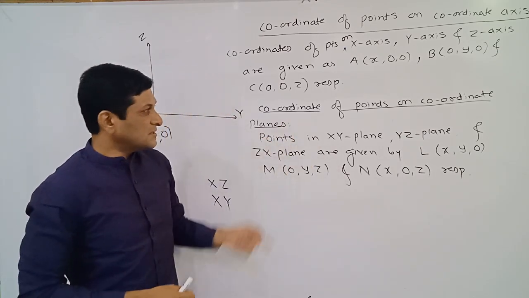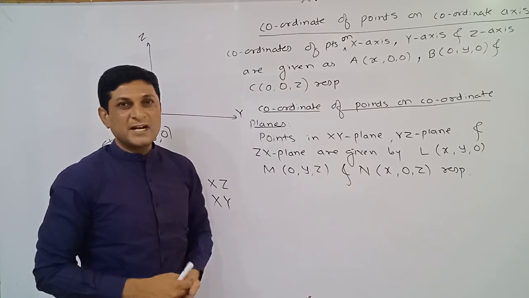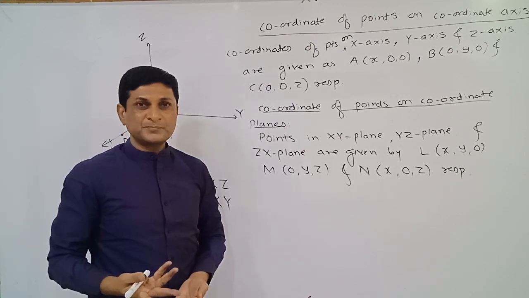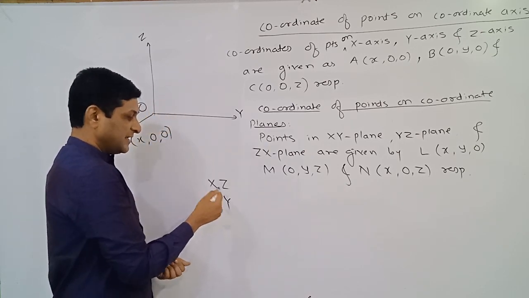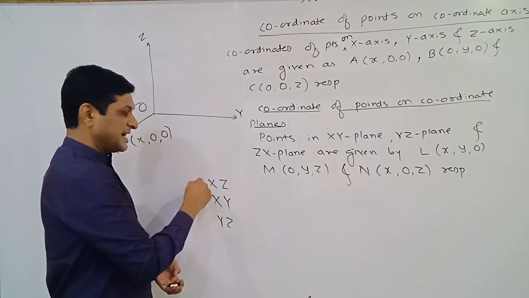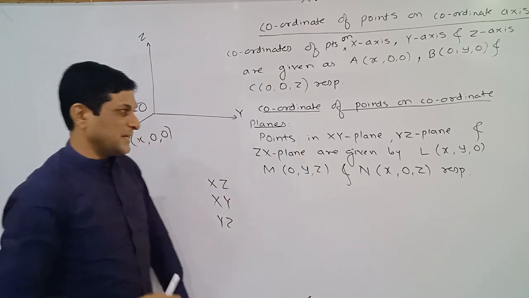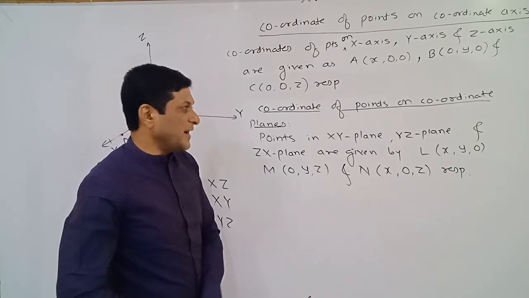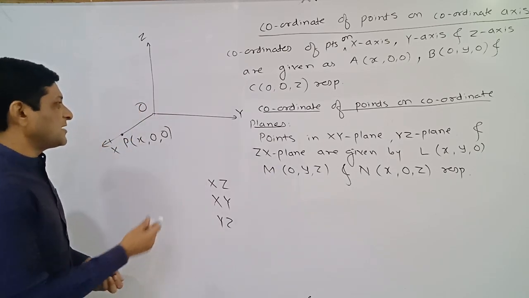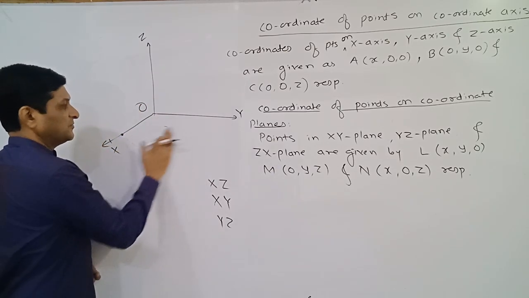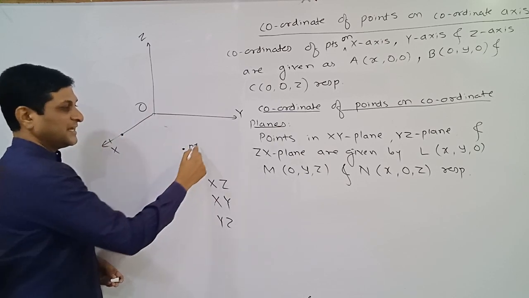Now we will discuss how to find the coordinates of a point on the coordinate planes. Coordinate planes mean the XY plane, YZ plane and ZX plane. How many planes are there? XY, YZ and ZX, or we can say XZ. So we are trying to find the coordinates of a point in these planes. Let us suppose that one point lies in the XY plane. For simplicity, just try to understand. Here is one point which lies in the XY plane. Let P be a point which lies in the XY plane.